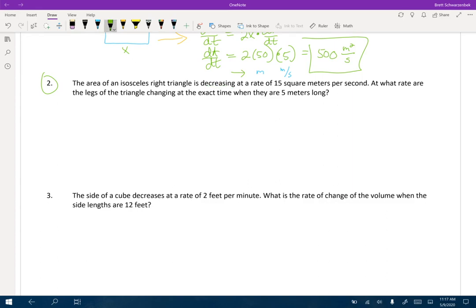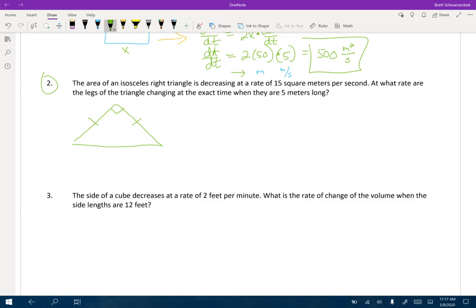Well, an isosceles right triangle you can draw in a couple different ways, but isosceles means there's two sides that are the same, and there's a right angle between them, essentially, right? Now, the way that it is drawn can be a little bit tough, because what are we trying to find in this problem?